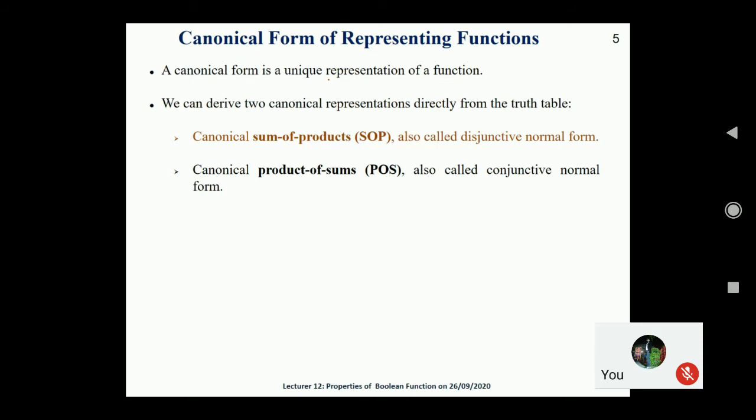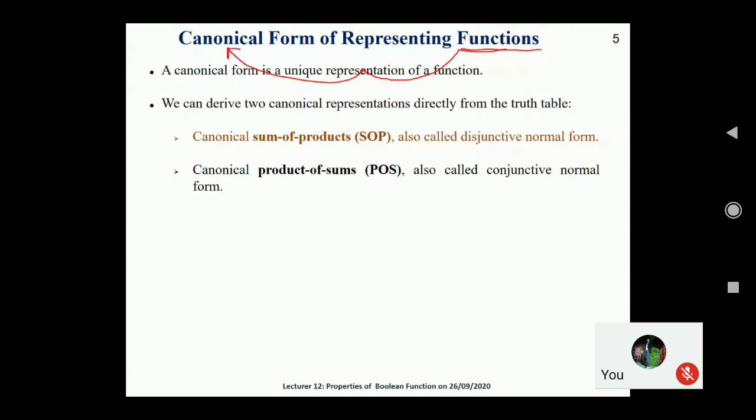To distinguish which particular terms provide which particular unique number or unique representation, we use some particular canonical form. So a function also we can represent with the help of canonical form.